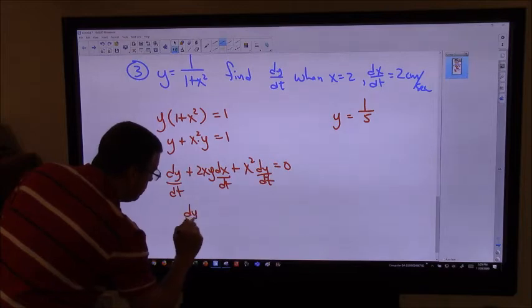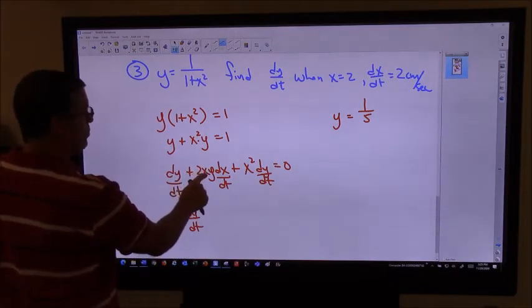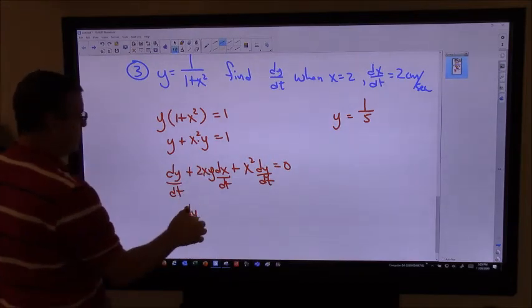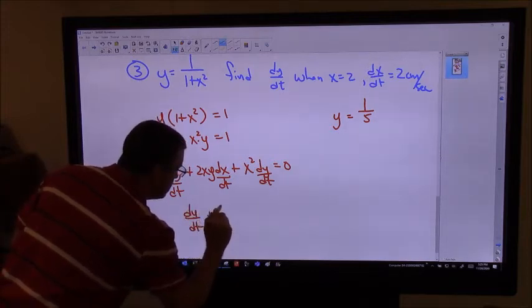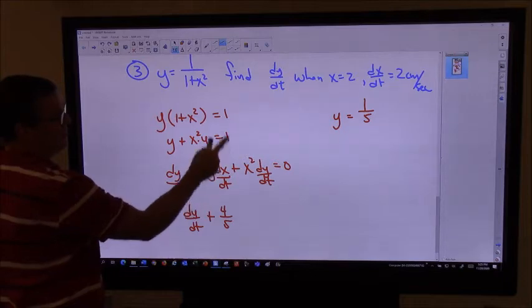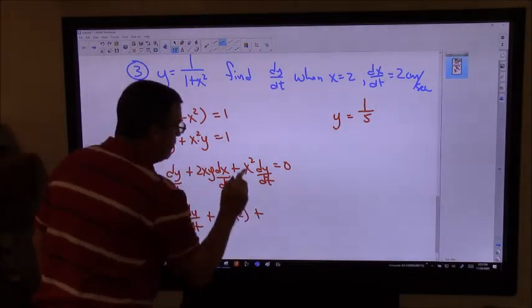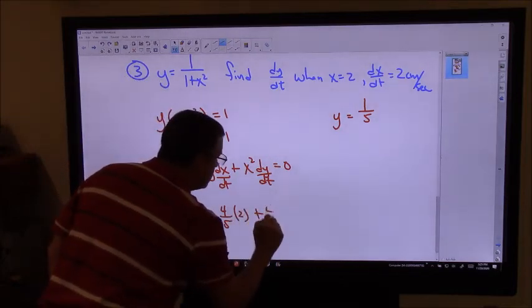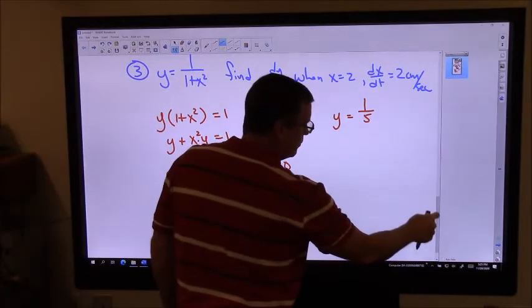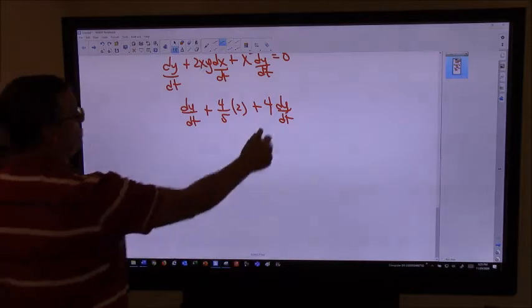I've got dy over dt plus 2 times 2, that's 4, times 1/5, that's going to be 4/5, times dx over dt, that's 2, plus x squared, that's 4, dy over dt. Equals 0.